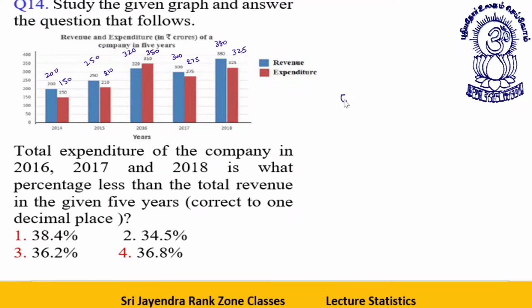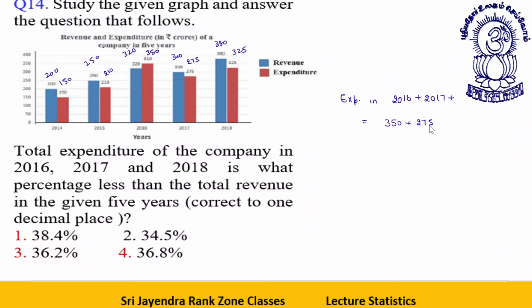Let's find the expenditure in 2016, 2017 plus 2018. Expenditure is the red color: 2016, 350, then 275, then 325.